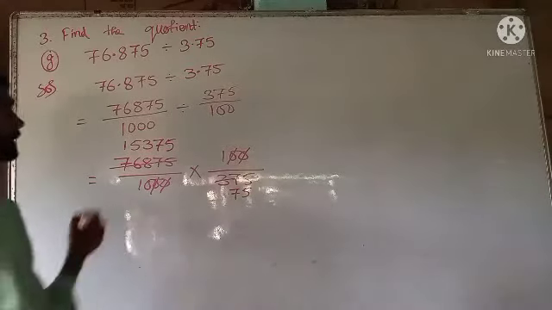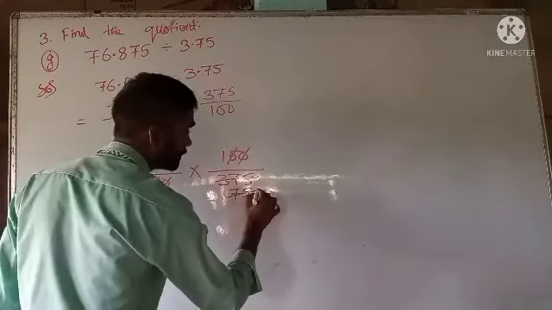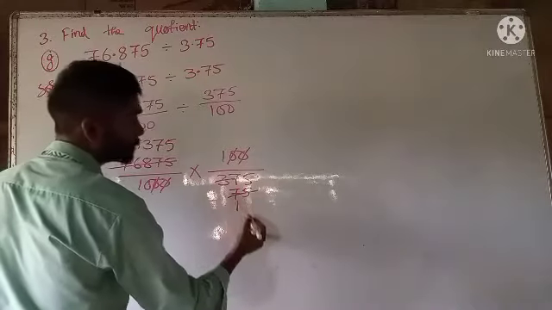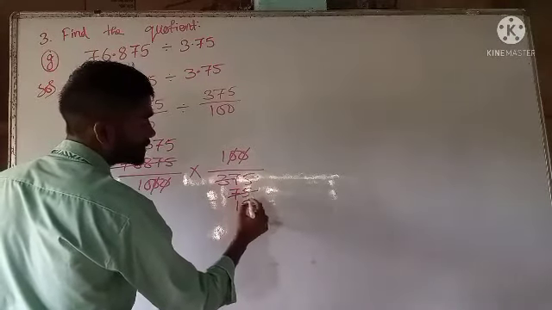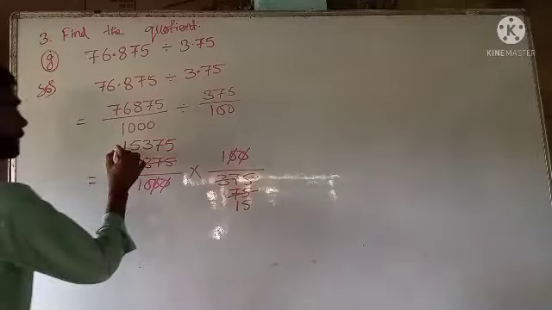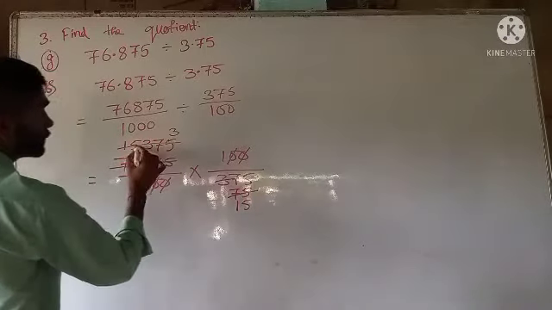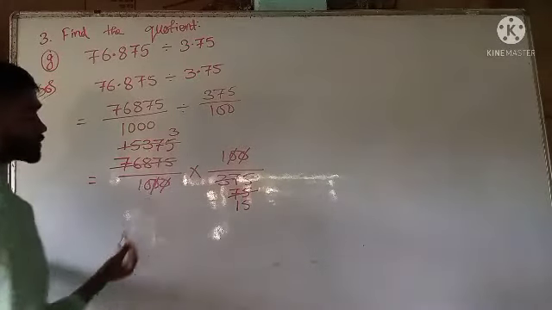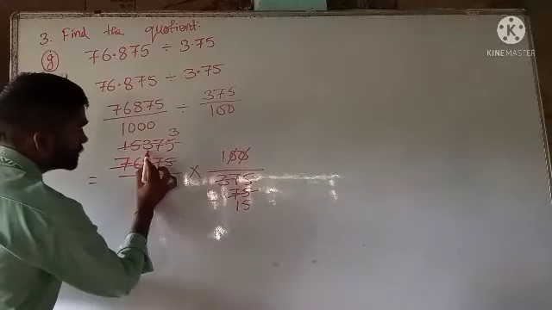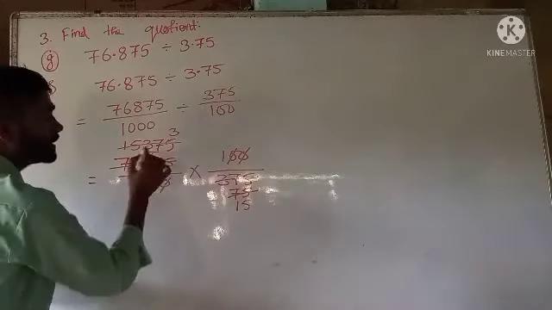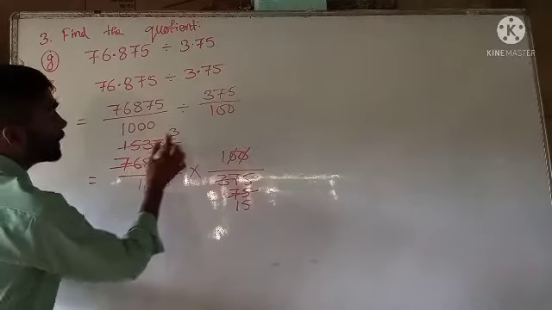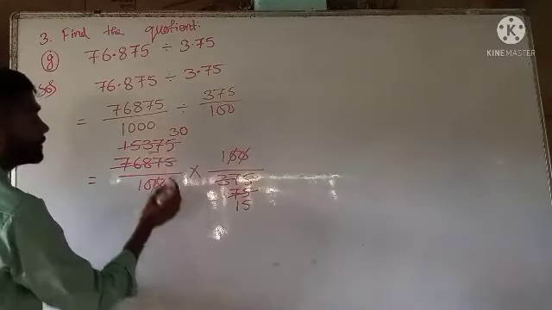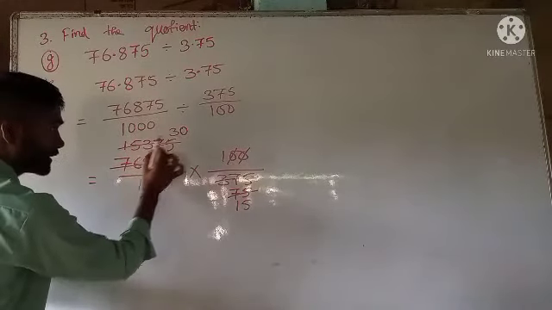Now again it is divisible by 5, so we'll cancel it by 5. 5 1 is 5, and 5 5s are 25. Now 5 3s are 15, and again 3 is not possible to divide by 5, so we'll take 2 digits together. When we take 2 digits together, we write 0 here. Remember 5 3s are 15.